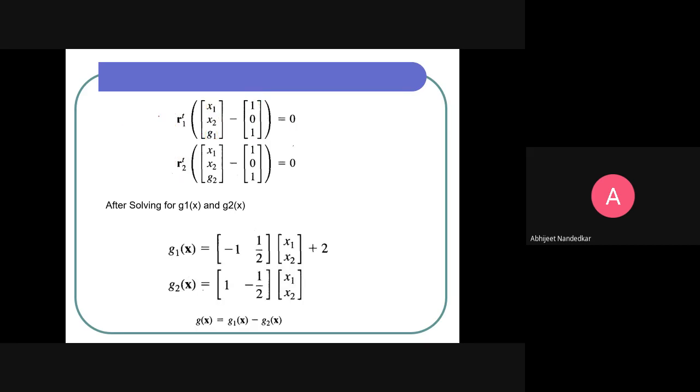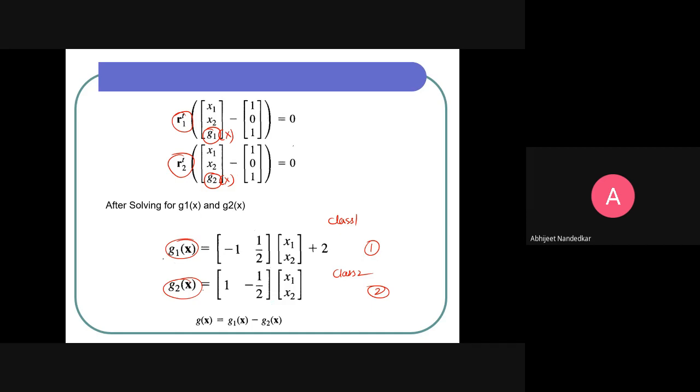Now if you substitute the proper values of the normalized vectors r1, r2, and arrange for g1x and g2x, I can write g1x and g2x here and collect the other terms on the right hand side. So you will get two equations, this is equation 1 and this is equation 2. g1x will be responsible for class 1 and g2x will be responsible for class 2.